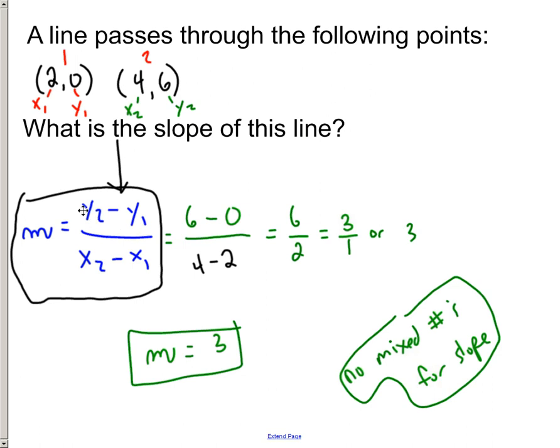The y's have to be on top. So make sure you've labeled each part of your points correctly, plug it in correctly, and do the subtraction correctly, and then you won't have a problem. You might have a lot of issues early on, but practice, practice, practice, and slowly but surely you'll see your skill improve to where you're not making a mistake very often.